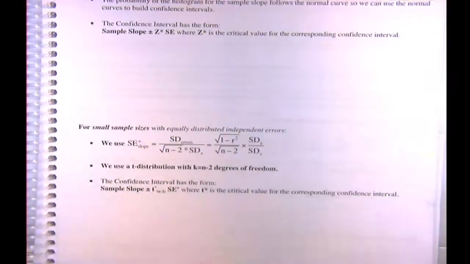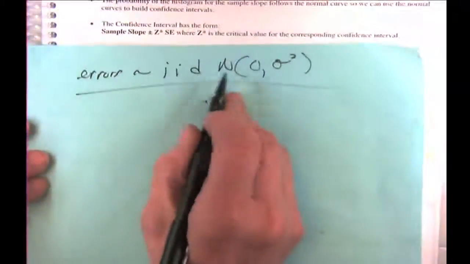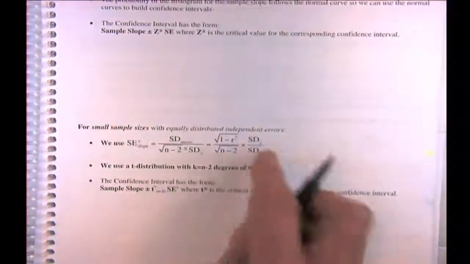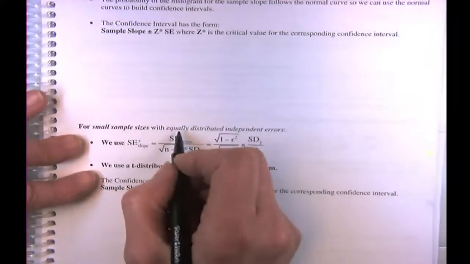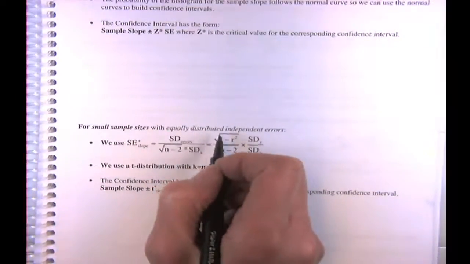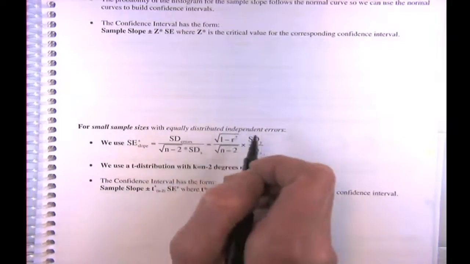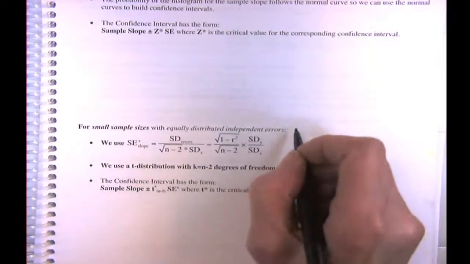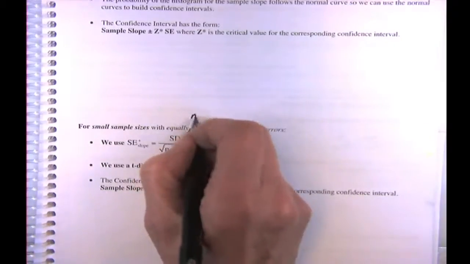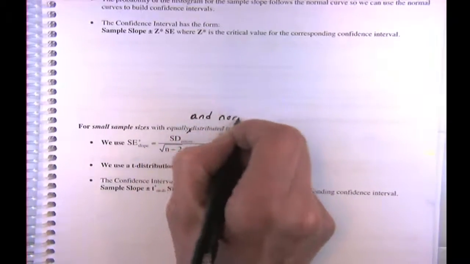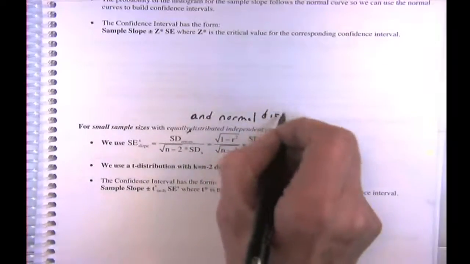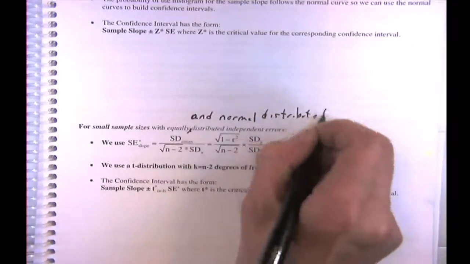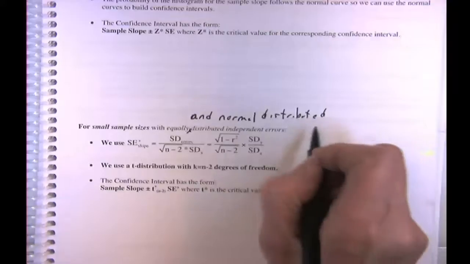This is where the normality comes in, only if you're doing this. So this is equally distributed, and I should have put in, I didn't put it in, equally and normally distributed. So this is where you need assumptions too.